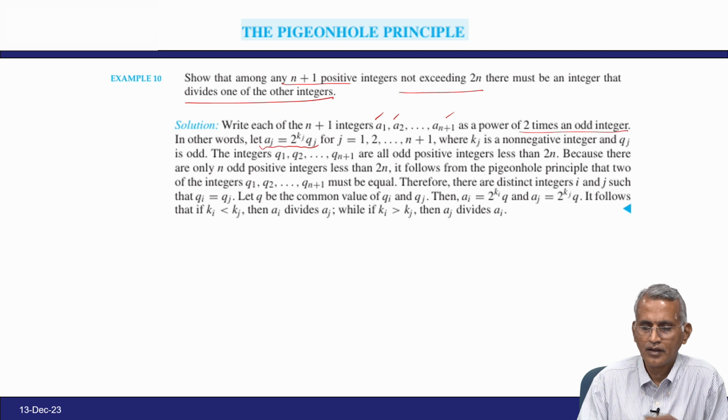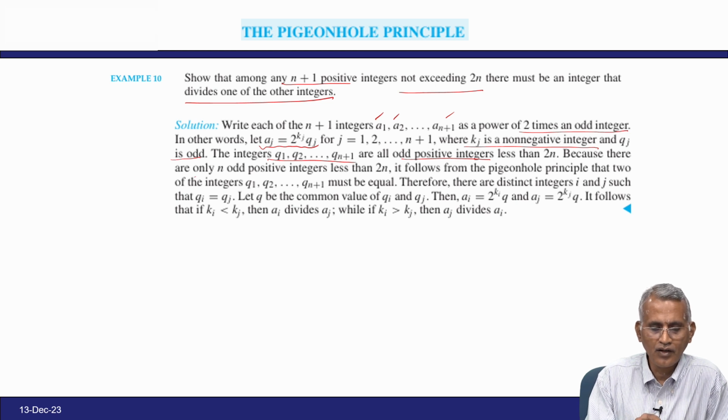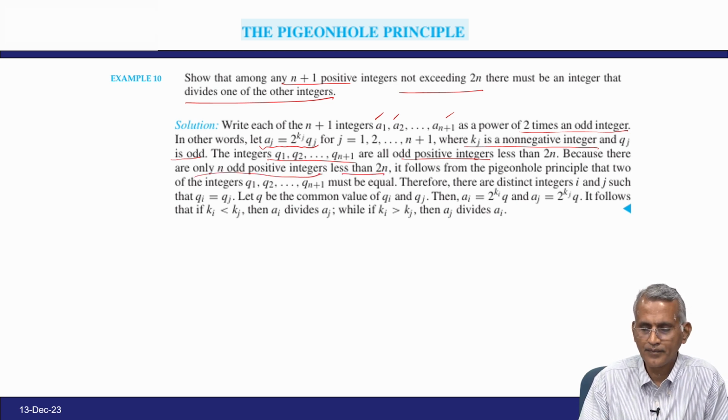Here kj is a non-negative integer and qj is odd. Therefore, the integers q1 to qn plus 1 are all odd positive integers less than 2n. Now, there are only n odd positive integers less than 2n. It follows by the pigeonhole principle that two of the integers q1 to qn plus 1 must be equal.